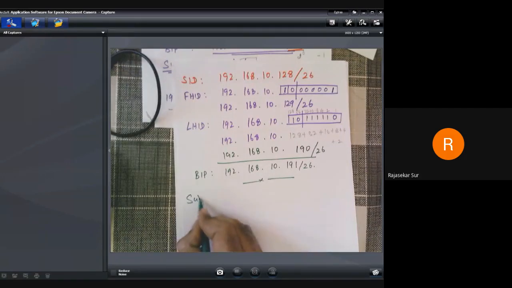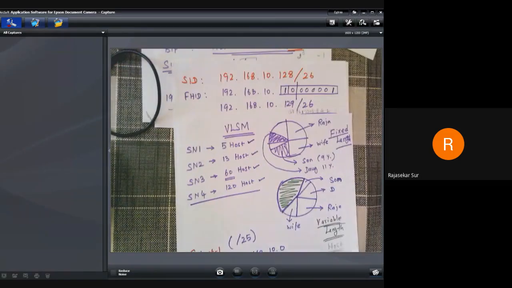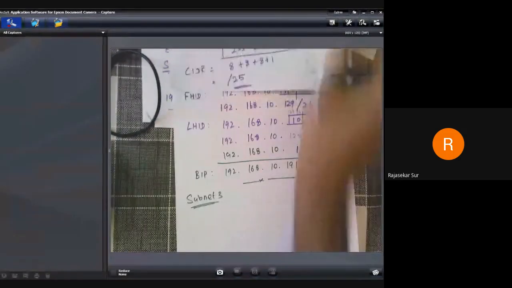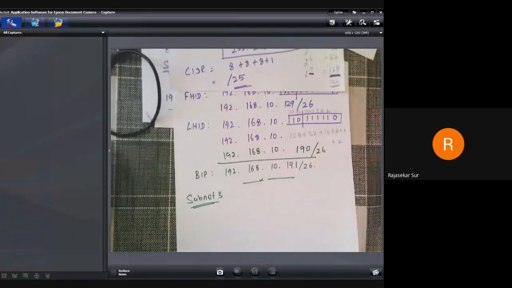Subnet 3. I'm going for subnet 3. You see in the paper, for subnet 3 the next minimum is 30. How many hosts do you need? I need 13 hosts, so hosts equal to 13.